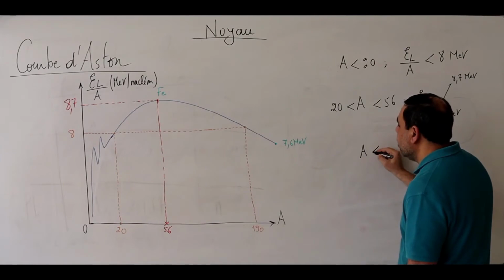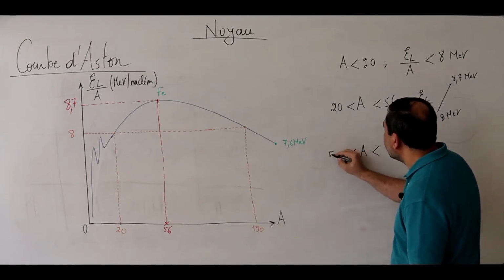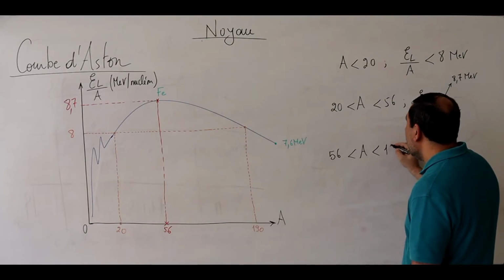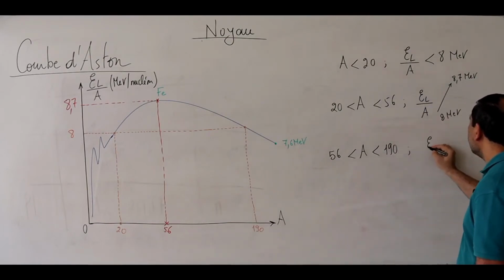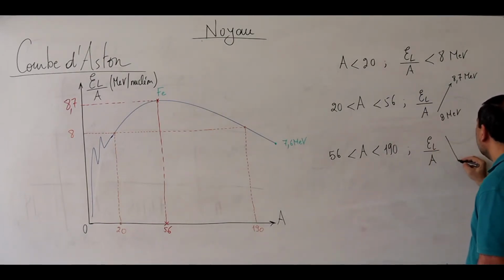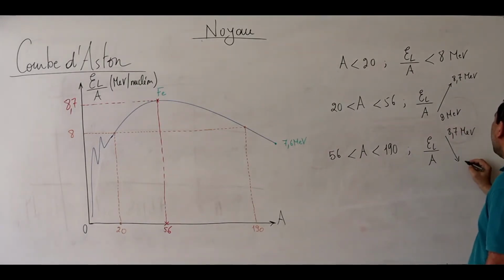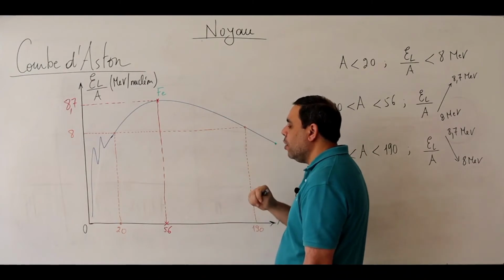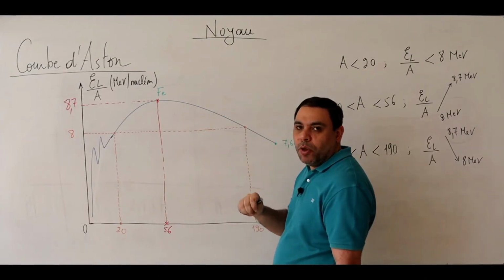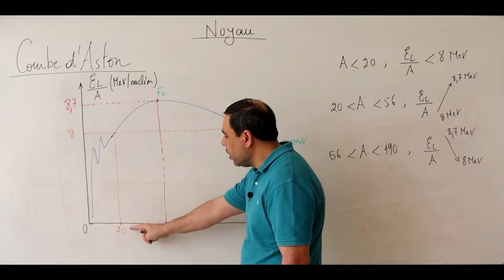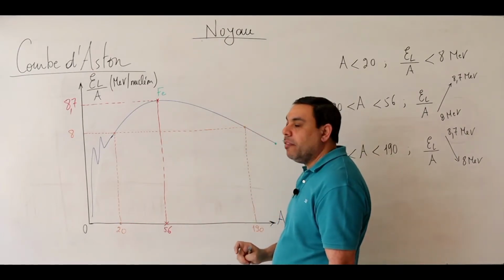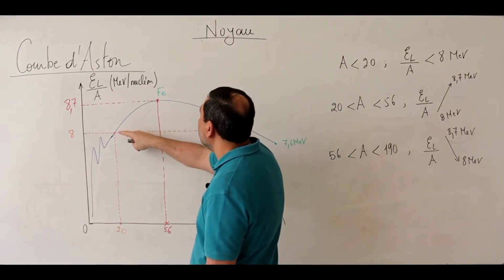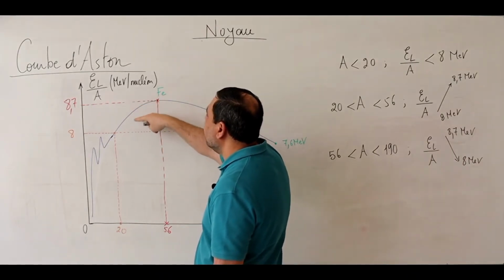When A is between 56 and 190, the binding energy per nucleon decreases from 8.7 mega electron volts to 8 mega electron volts. We notice that the binding energy per nucleon of a nucleus whose mass number is between 20 and 56 is between 8 and 8.7 mega electron volts.